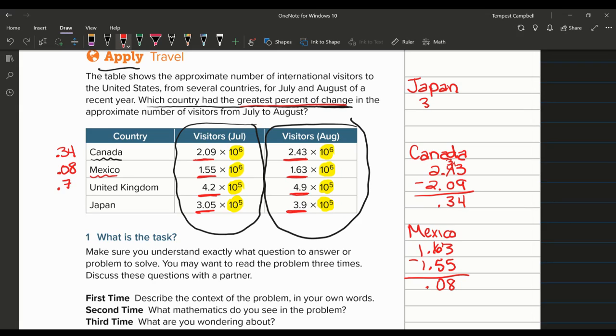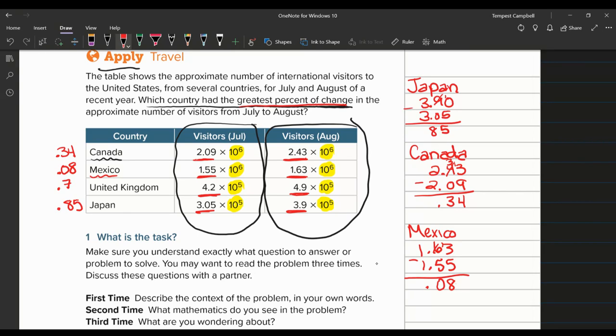We have 3.90 because we always want to fill in the same amount of place values after the decimals we have. Then we get an 8. So we get 0.85.